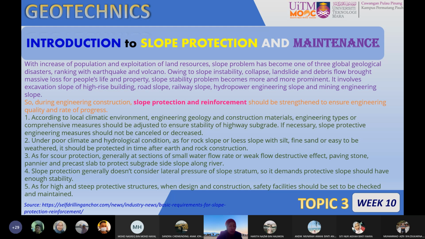For example, if you are involved with repairing work, slope protection and reinforcement must be according to the local climate, environment, engineering geology, and construction material. Engineering types or comprehensive measures should be adjusted to ensure the stability of high-risk slopes. If necessary, slope protective engineering measures should not be cancelled or decreased.